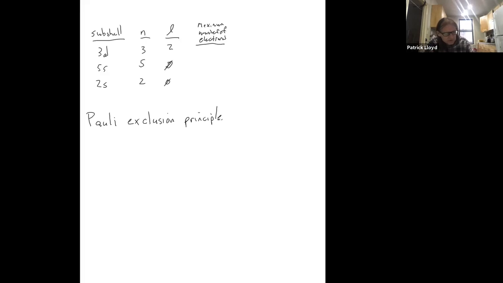The Pauli exclusion principle, really, I guess it should be called the Pauli exclusion law, says that in an atom, each electron must have a unique set of quantum numbers.